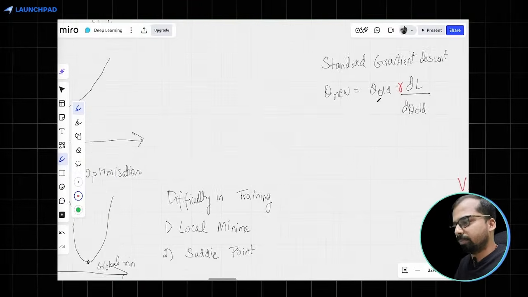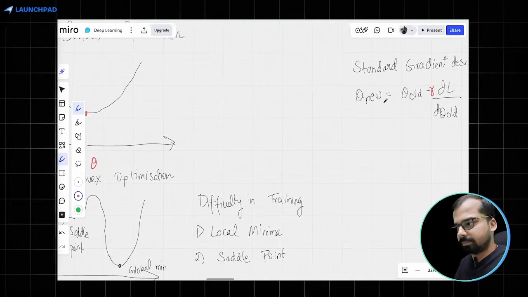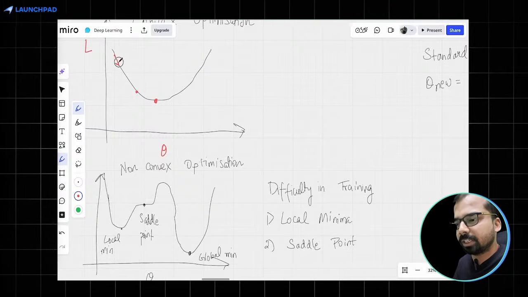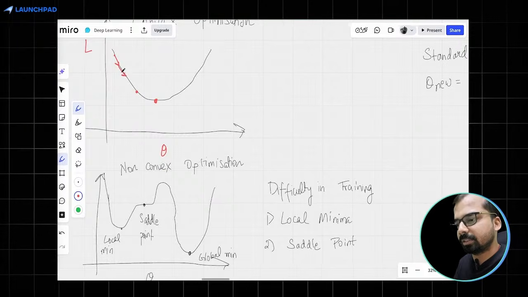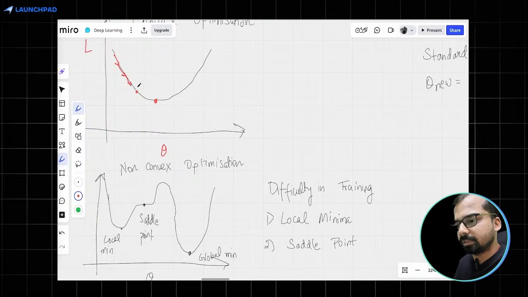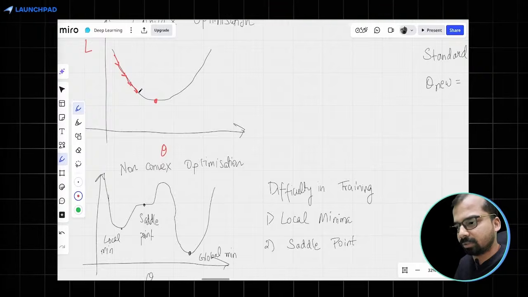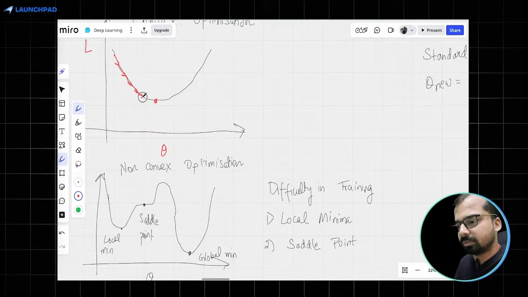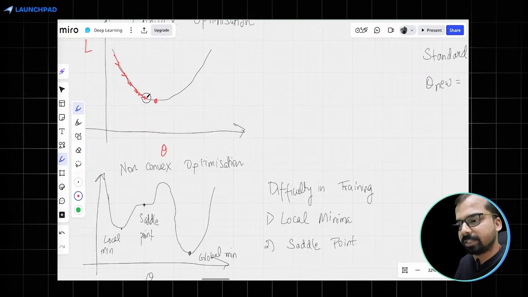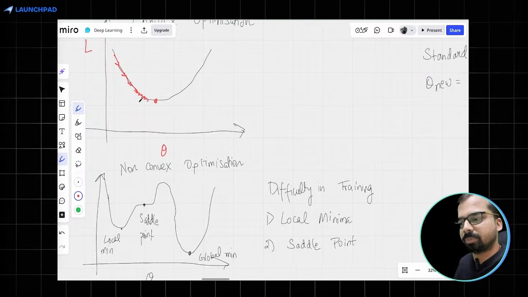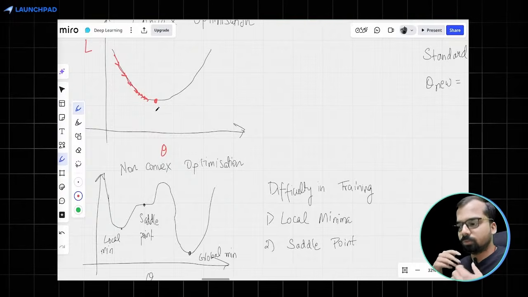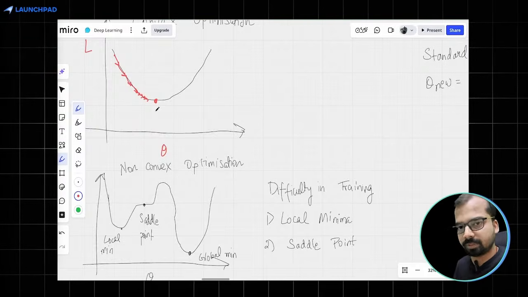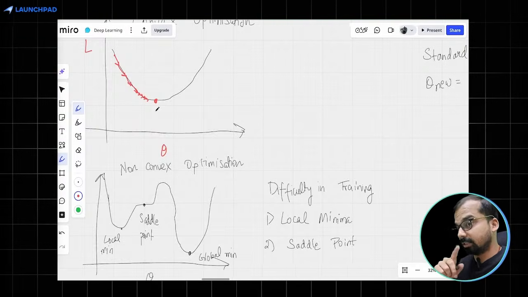So if the slope is smaller, the update will be smaller. Here it jumped like this, then like this, then like this. But because the slopes are getting smaller and smaller, the jumps will be smaller and smaller. So it will take many more steps and more time to reach the optimal minima. That is slower convergence, and we want faster convergence. This is one problem.